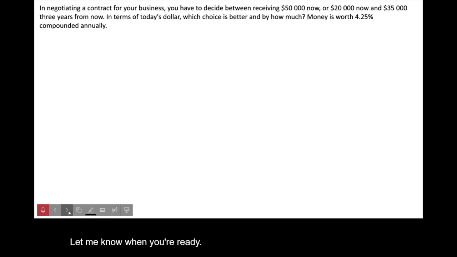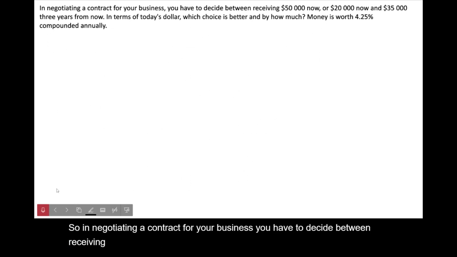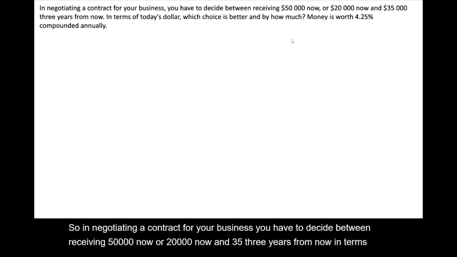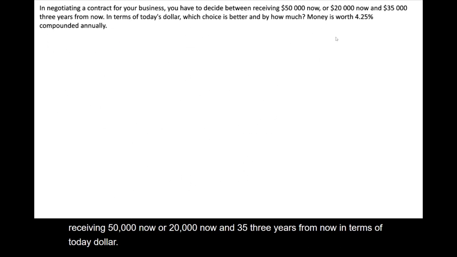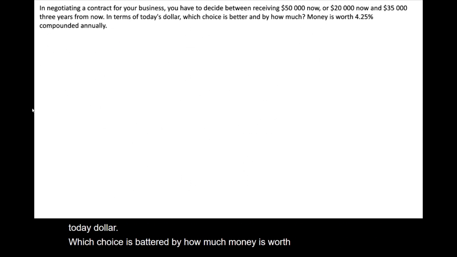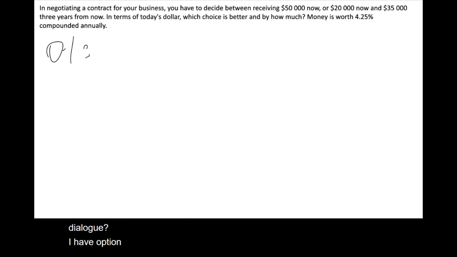Okay, so in negotiating a contract for your business, you have to decide between receiving 50,000 now or 20,000 now and 35,000 3 years from now. In terms of today's dollars, which choice is better and by how much? Money is worth 4.25% compounded annually. So option 1, 50,000 now.